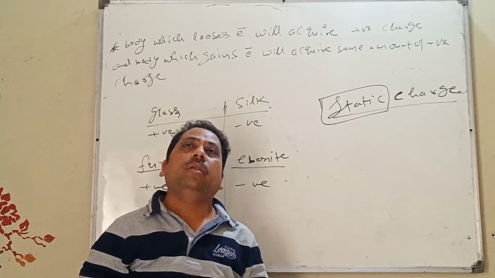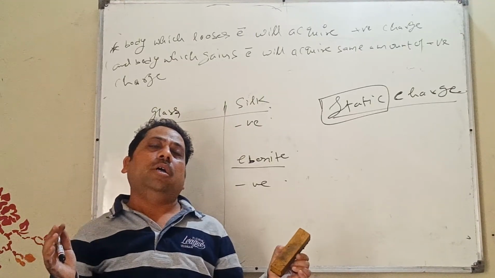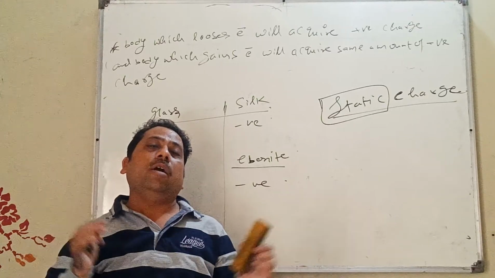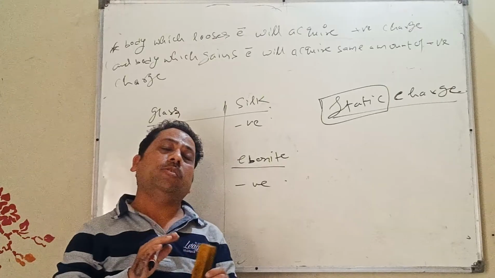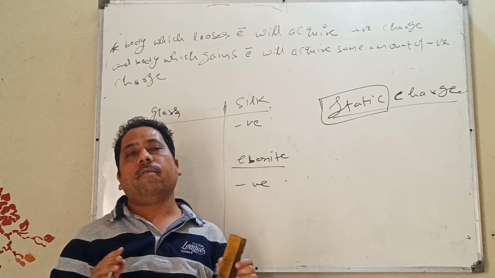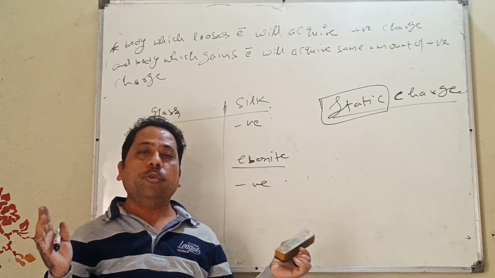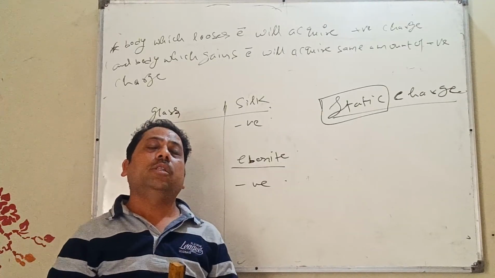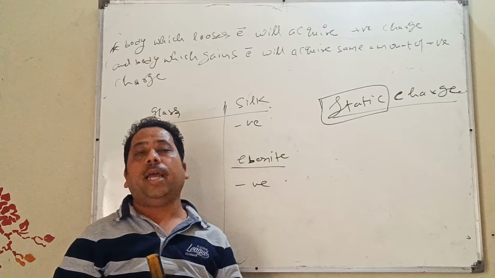Another example, thundering clouds. थंडरिंग, लाइटनिंग, आपने देखा होगा। तो वो जो लाइटनिंग होती है वो भी इसका एग्जांपल है, चार्जिंग बाय द फ्रिक्शन. When oppositely charged clouds touch each other, then again you will find the lightning.